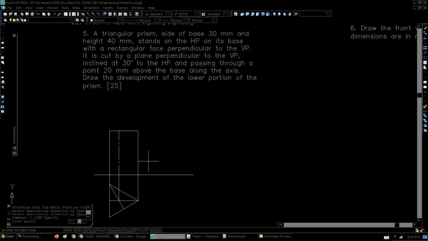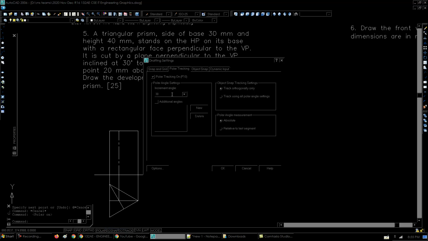Now that we have got both the front view and the top view of the prism, we have to cut it. So the cut happens at 30 degrees to HP, and it passes through a point 20 mm above the base along the axis. That means we have to get a line. So I'm using a polar method to create a line at 30 degrees. You can of course use the polar setting over here at the bottom as well, but you must ensure that the multiples of angles is set to 30 degrees.